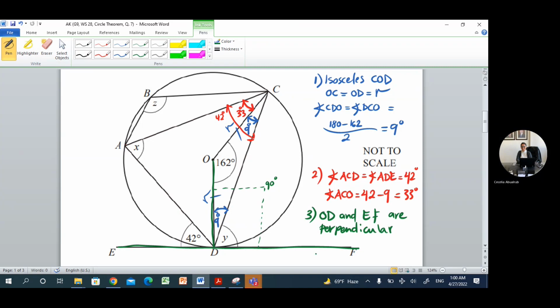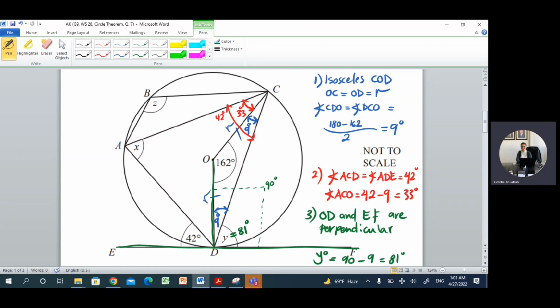Accordingly, we can find this angle, without naming it as CDF, it's already named as Y. So angle Y is equal to 90 minus 9, and it's equal to 81 degrees. So this angle here is equal to 81 degrees.